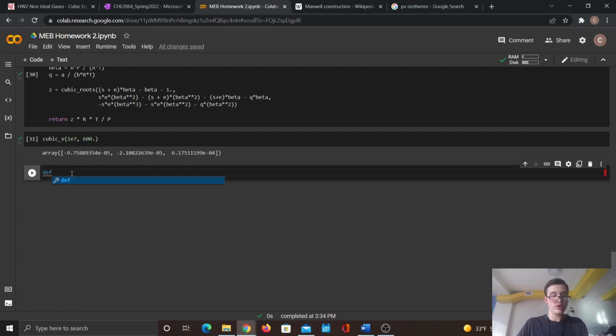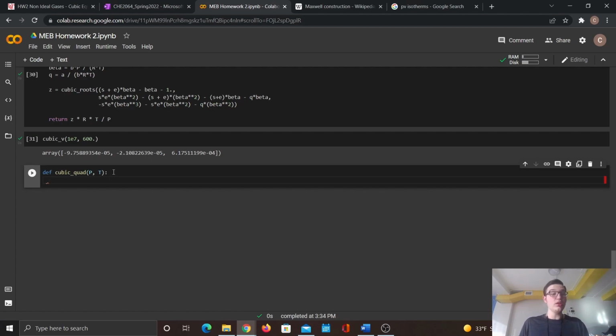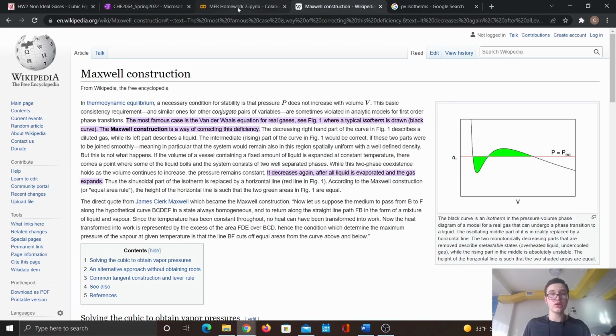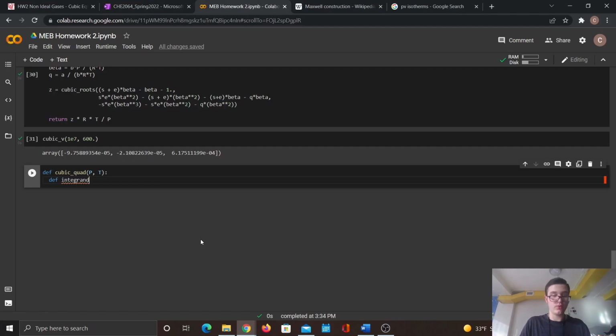So, to start, we're going to make a function to do that. We're going to be defining cubic quad, or quadrature, with the terms P and T, pressure and temperature, as our inputs. Now, we want another function here for our integrand, what we want to integrate over, and there we are going to input, not temperature, sorry, volume.